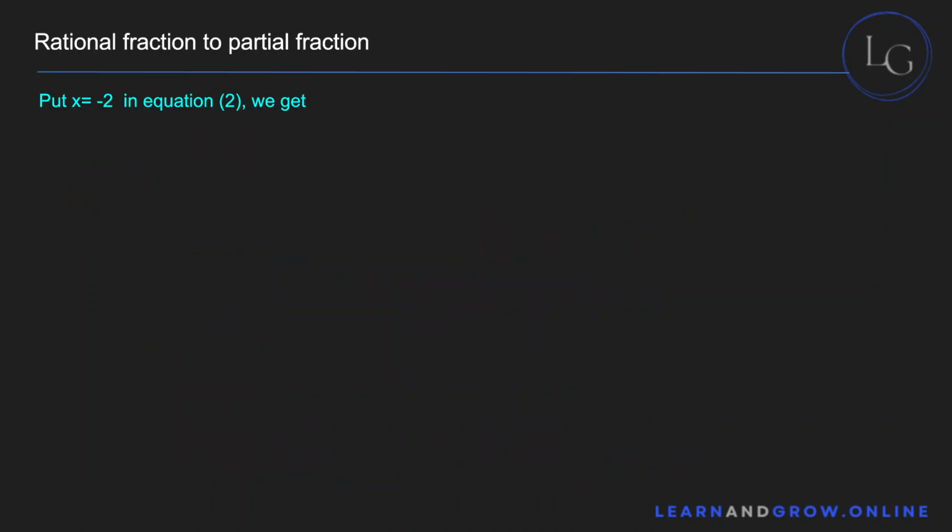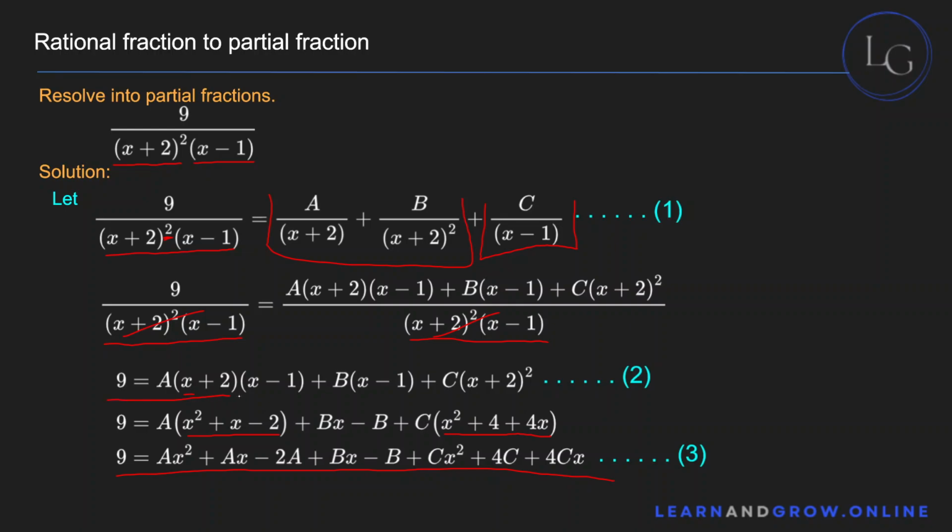Now, when you put x is equal to minus 2 in equation 2, what was equation 2? This was equation 2. So when you put x is equal to minus 2 in this equation, the variables a and c, the ones that are being multiplied with x plus 2, will be eliminated, because when you plug in minus 2 into the expression, this x plus 2 will become 0.